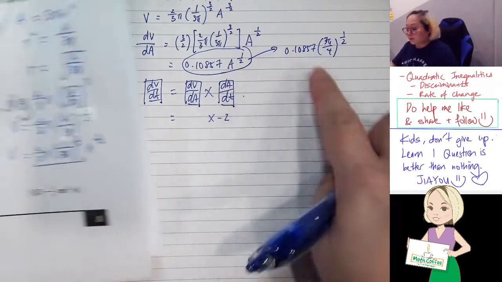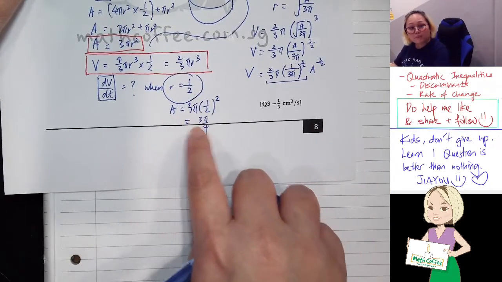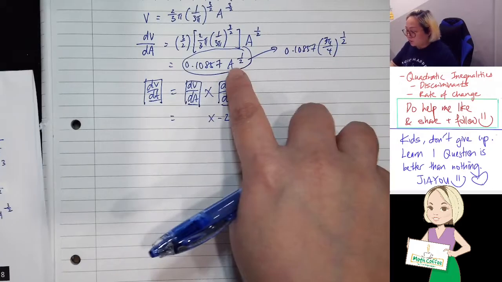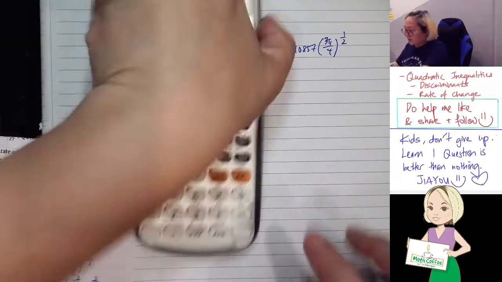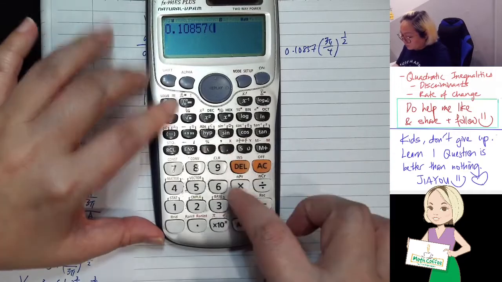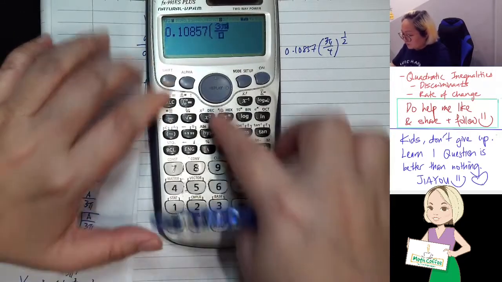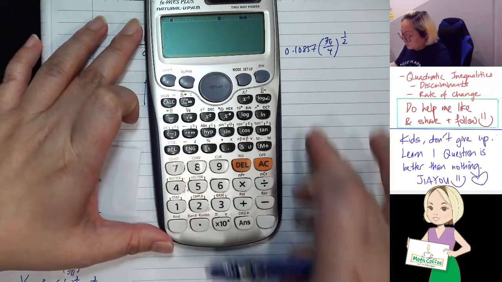Okay, what I did was I just subbed r equals to half into the A, and that A will be subbed into here. That's my dV/dA. So press the calculator again: 0.10857 times 3 pi over 4 to the power of half.